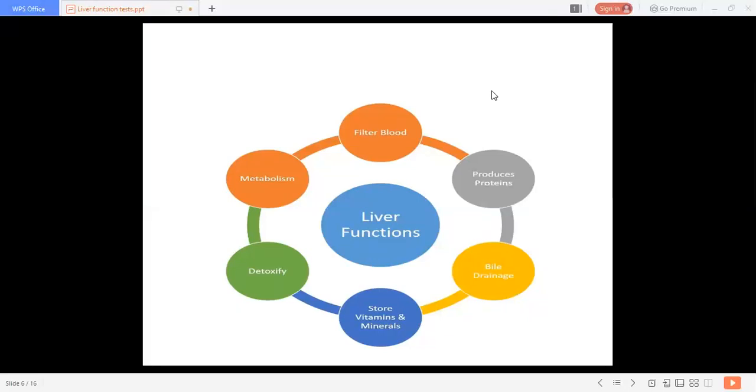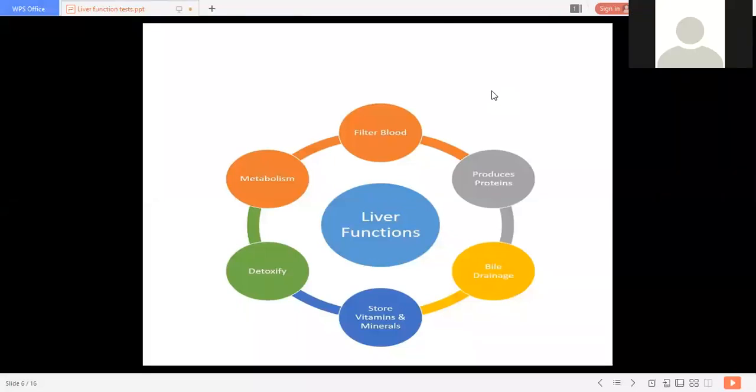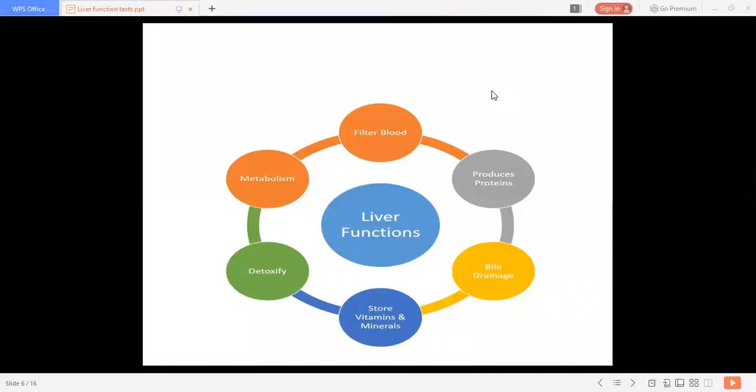ALT, that is alanine aminotransferase, is primarily present in the liver. So among these two, ALT is considered a better parameter and more specific to the liver functions.